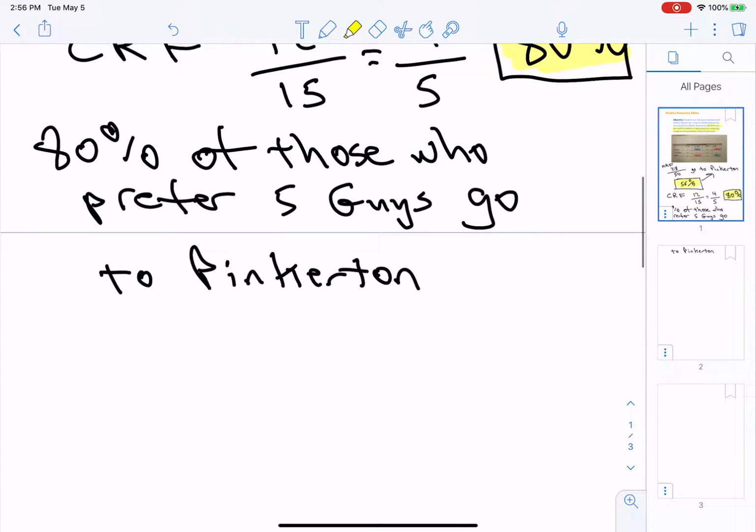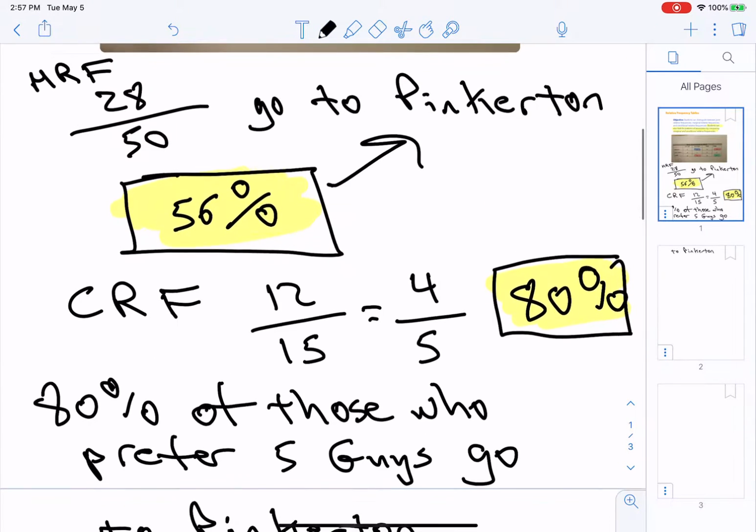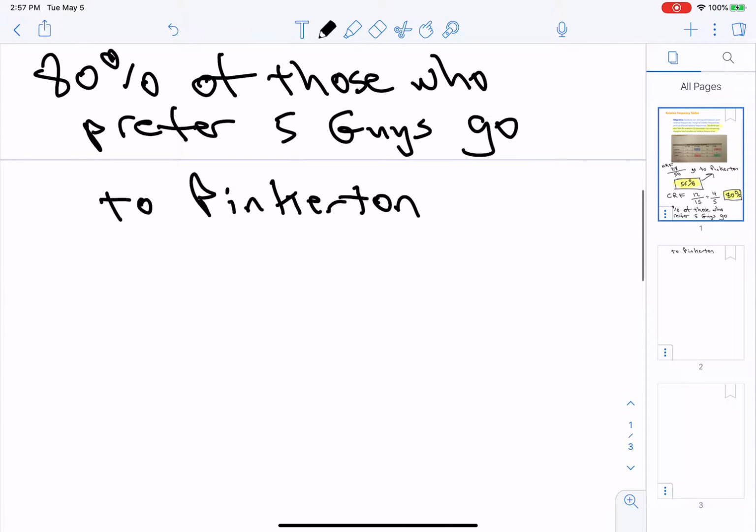And so what we can do is just say, just because they're different, these are really different, but it could be just 57% versus 56% for our purposes.